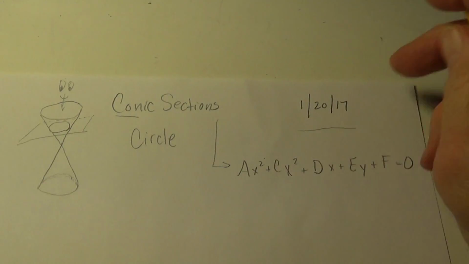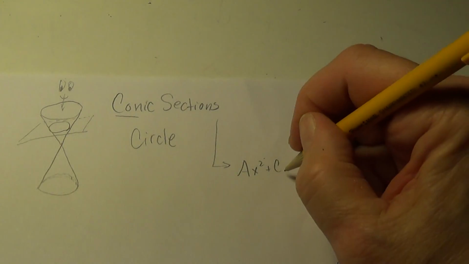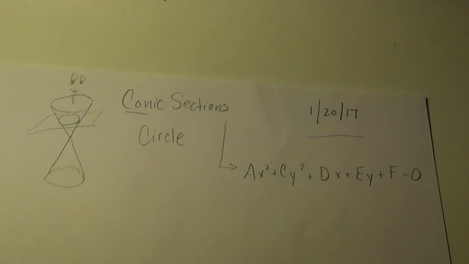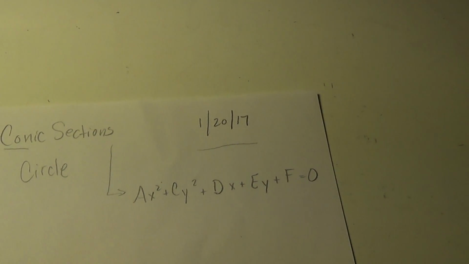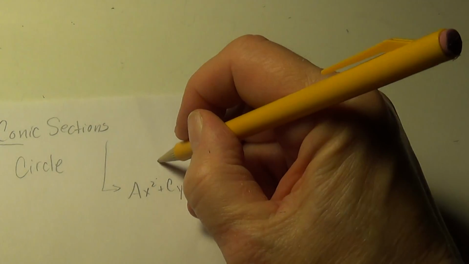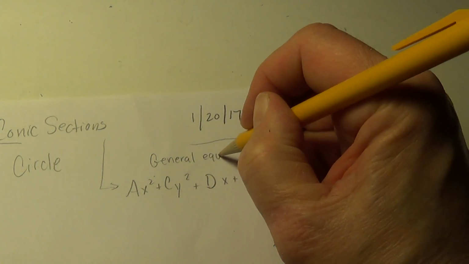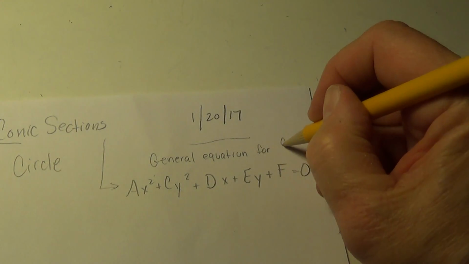Ax squared, no they're not. I got them right. Sorry about that. Had a senior moment. All right, so that's the equation for any conic section, the general equation for conic sections.